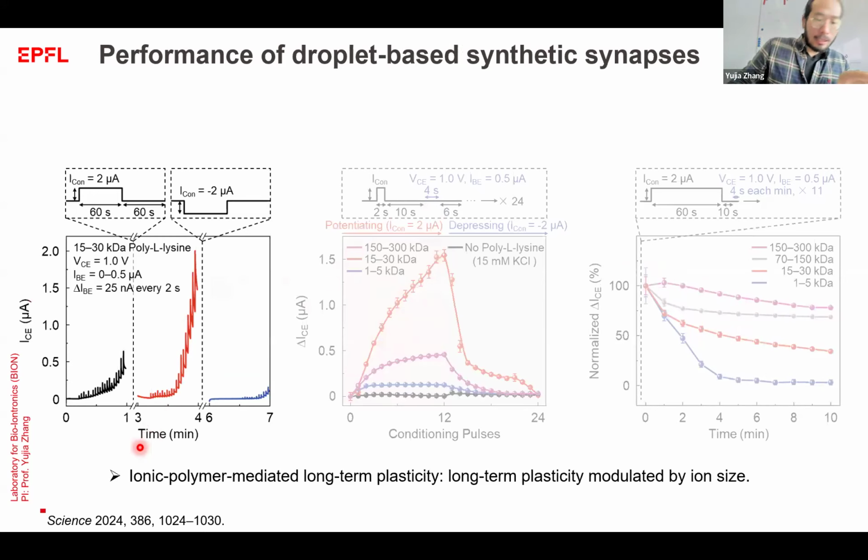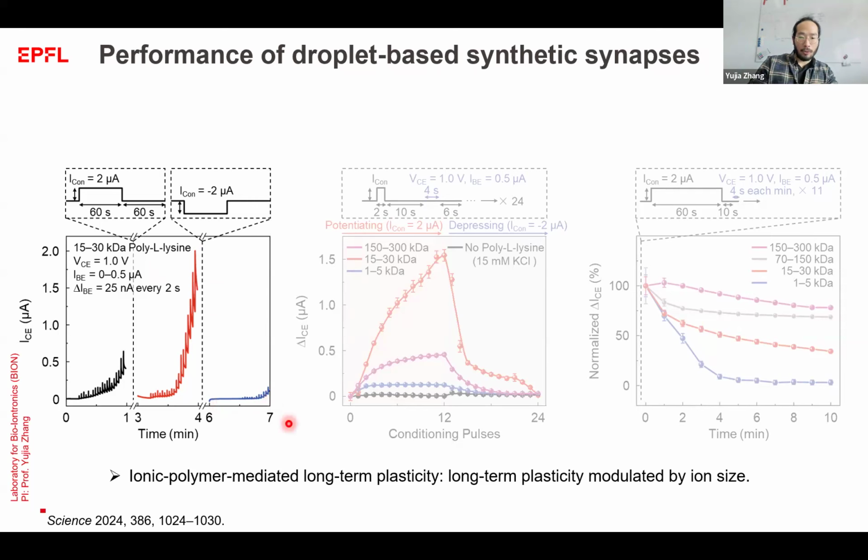As shown here, the black curve is the original IV response. If we insert the polylysine into the middle base droplet, it will make it more conductive, or make the conduction signal stronger, as shown here. If we apply a reverse conditioning current or voltage, it will withdraw the polylysine and make the droplet transistor less conductive, as shown here.